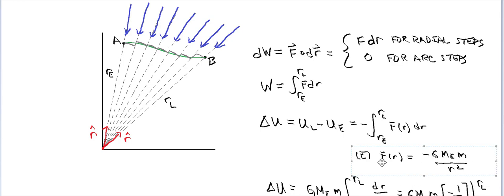Here, because we're talking about gravity, F of r is going to be minus the universal gravitational constant, capital G, times the mass of the Earth times the mass of whatever this object moving from A to B is, divided by r squared.